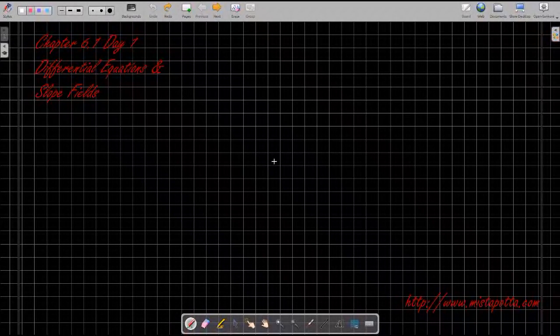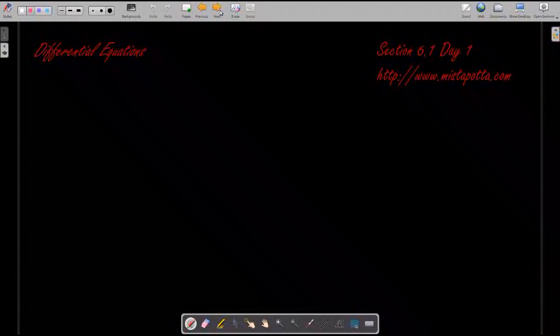A slope field is a way to visualize the derivative in a way that we haven't really talked about before. A differential equation, on the other hand, is something a little bit more specific.